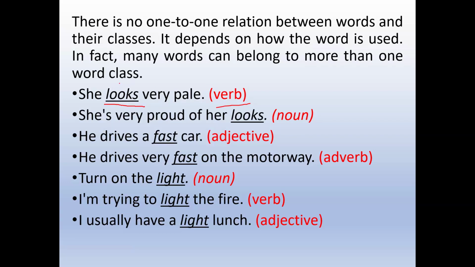Position means this is an SVC pattern, where pale we can take as a complement. So whatever pattern, all the sentence patterns start with subject and then verb, except for commands, right?